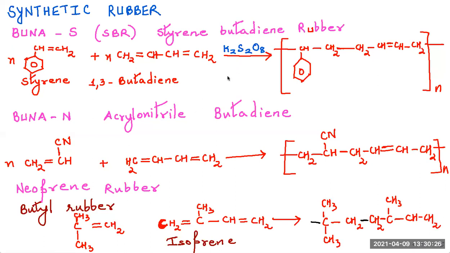And here, 1 pi bond from here breaks to form 2 sigma. So 1 here and 1 here. Is it clear?